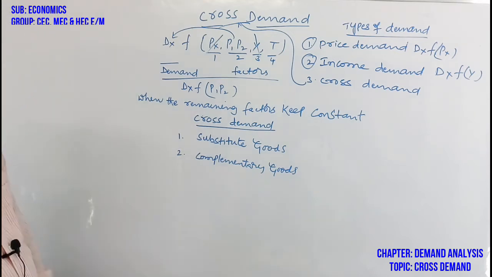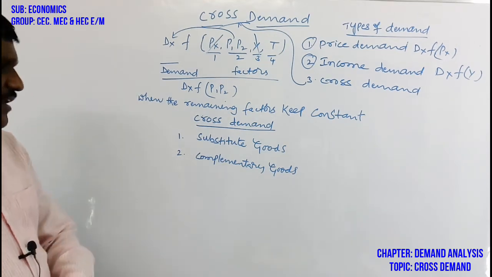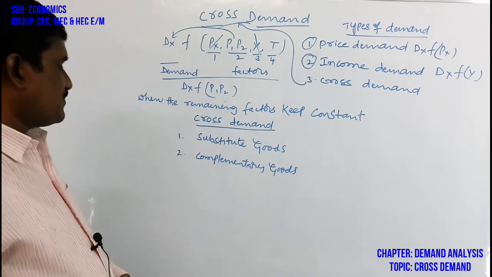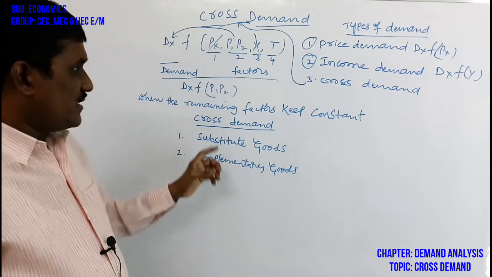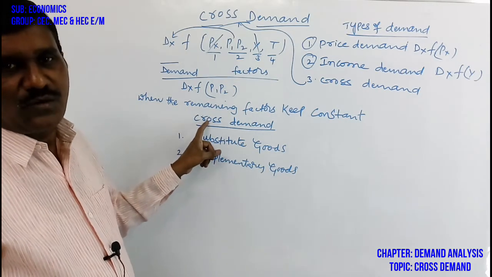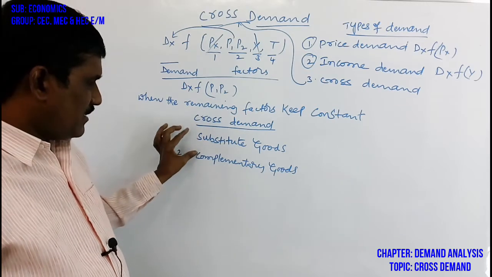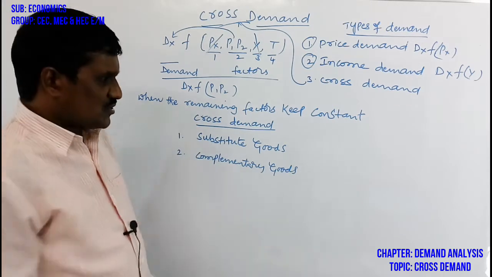Substitute goods and complementary goods, the two types in the cross demand. Okay, let us analyze it one by one. First one is substitute goods.